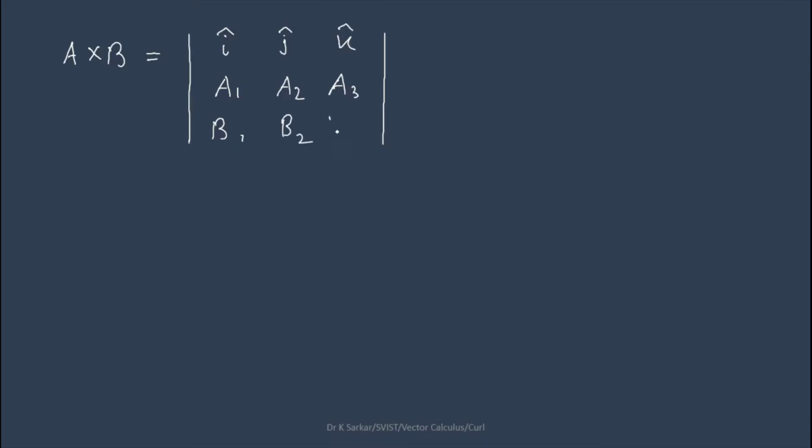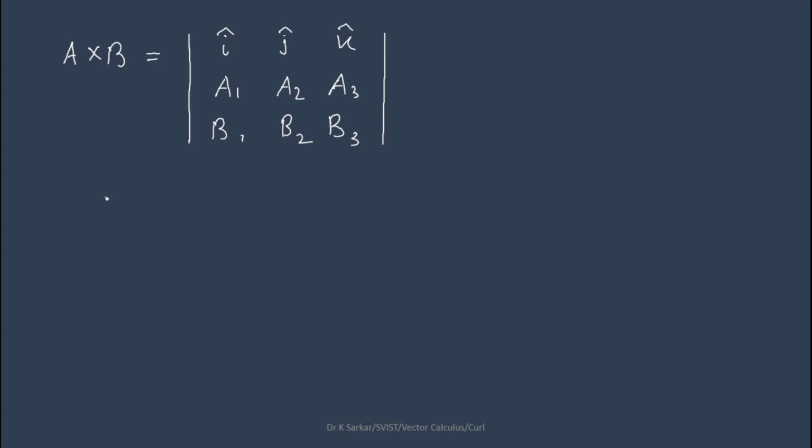We know A cross B is the determinant with rows i, j, k; A1, A2, A3; B1, B2, B3.